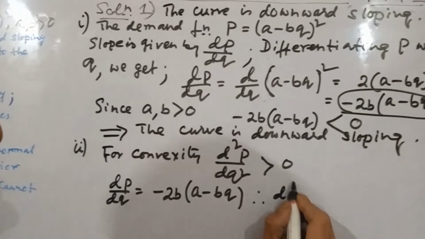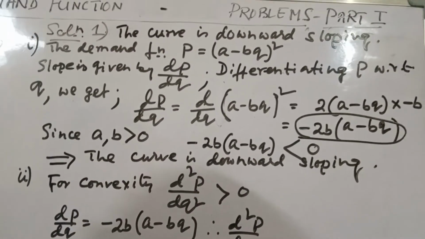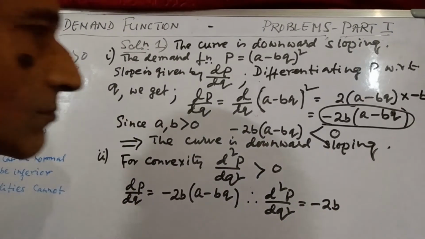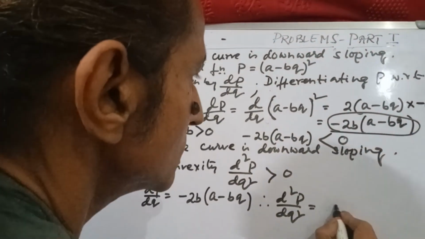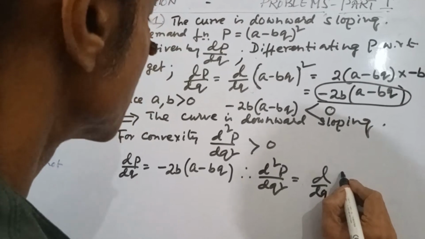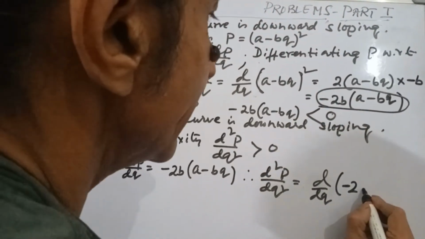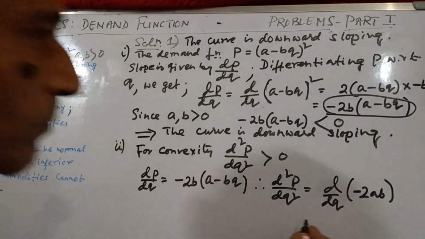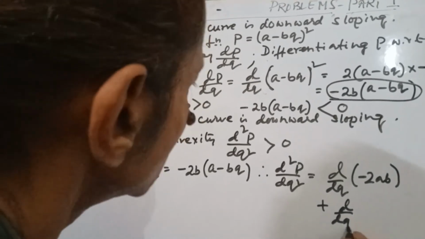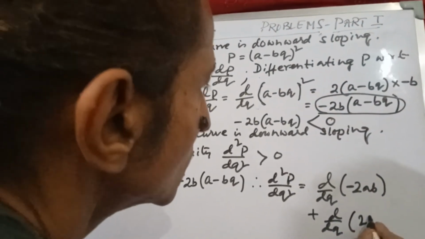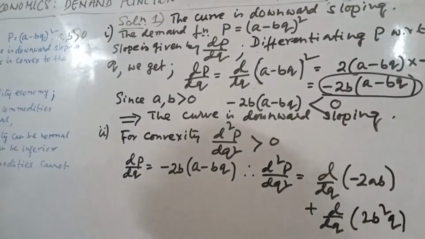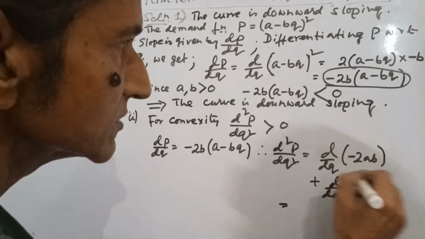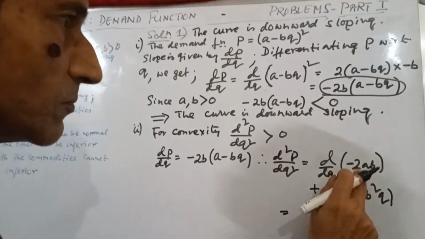Therefore, d2P/dQ square equals d/dQ of minus 2AB, correct, plus d/dQ of 2B square Q. This becomes 0 because A and B are constants, so this is 0.